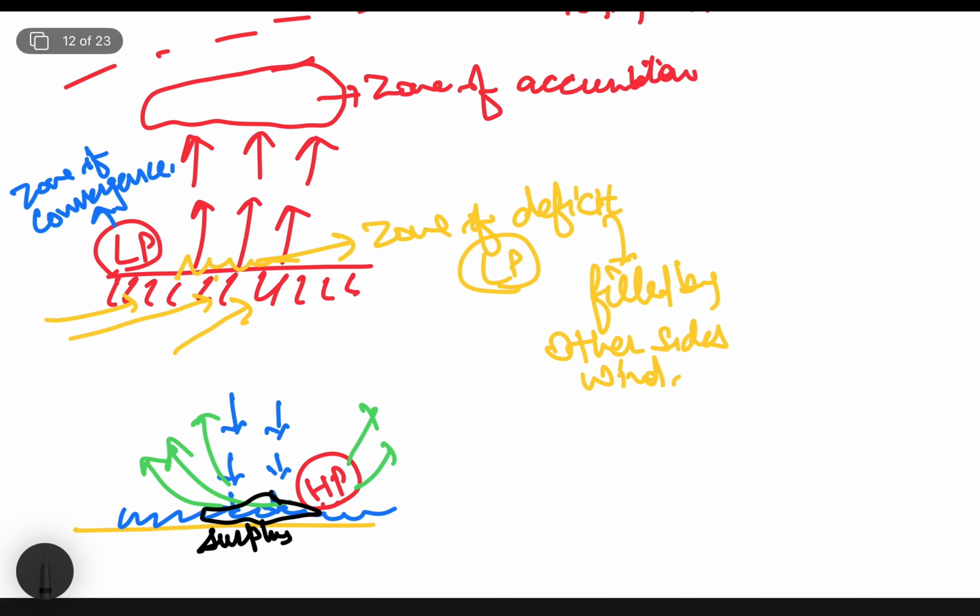This is the surplus area. It will start diverging. So now this area is known as the zone of divergence.